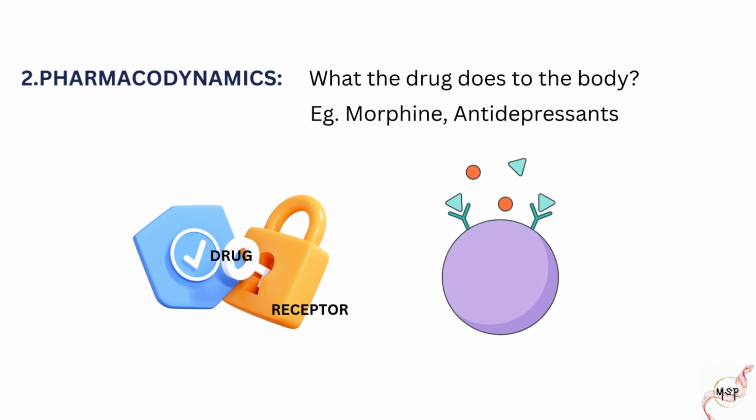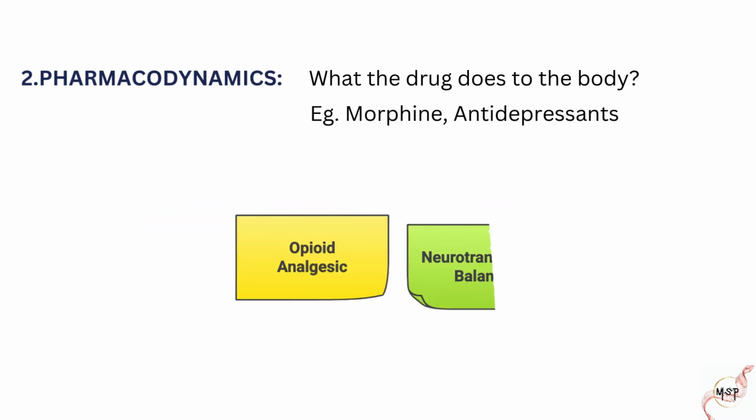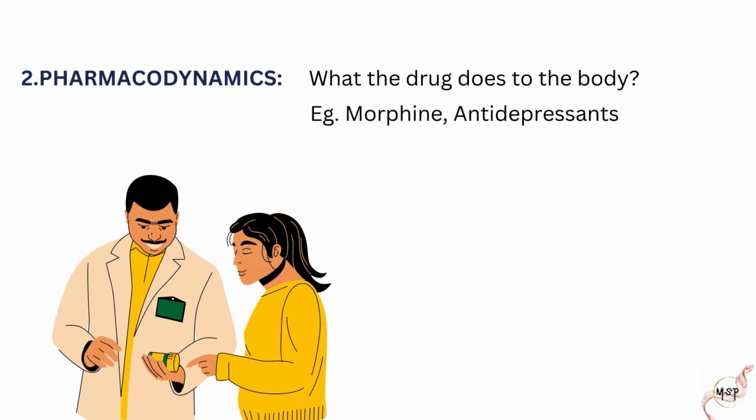It has a specific shape that allows it to bind to a particular receptor, like a key fitting into a specific lock. For example, painkillers like morphine alter pain perception, while antidepressants increase neurotransmitters in the brain that support mood elevation. Understanding these interactions helps in predicting drug actions and optimizing treatment regimens.